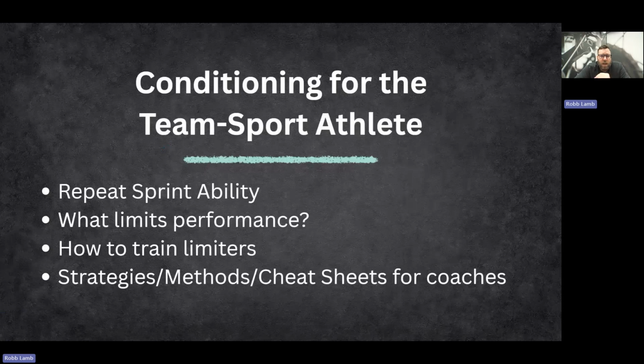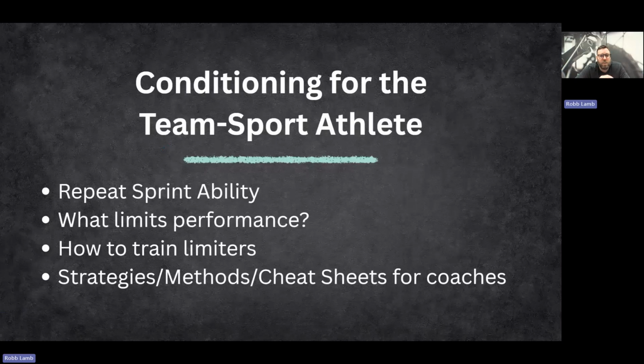We're going to go through 4 basic things here. We want to define what repeat sprint ability is, because that's basically for field and court sports. Most of those sports, other than maybe volleyball, this is what we're trying to improve here. We want to talk about what limits performance, just to have a better idea of how to train those things.